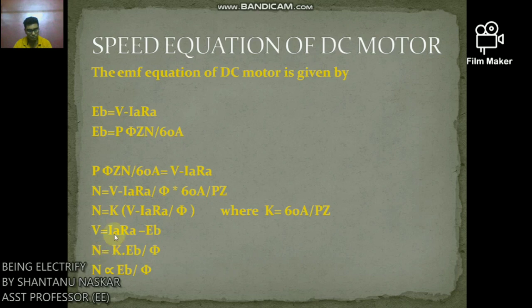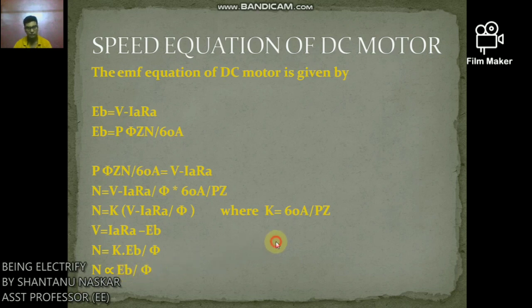So N equals K into (V minus Ia Ra), which we can write as Eb, so N equals K into Eb by phi. From here we can write N proportional to Eb by phi. Therefore, in a DC motor, speed is directly proportional to back EMF and inversely proportional to flux per pole.